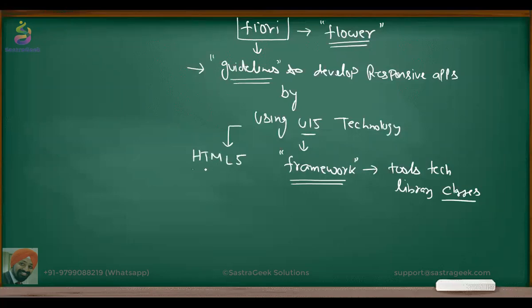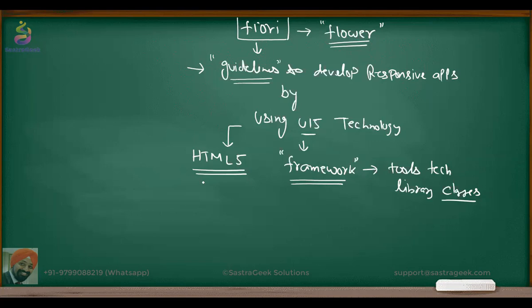This version of HTML is a basic generic technology which has been available with UI5. And UI5 also supports different kinds of languages which we can use within it. It supports HTML5, definitely.